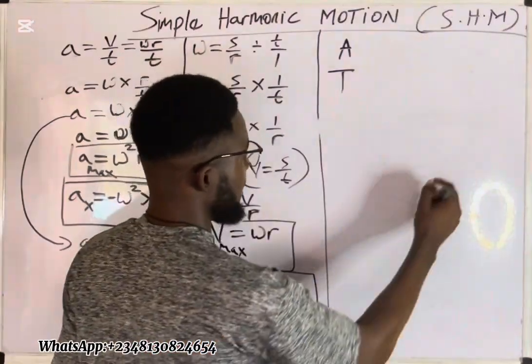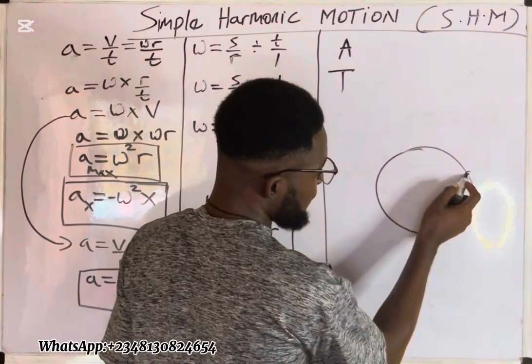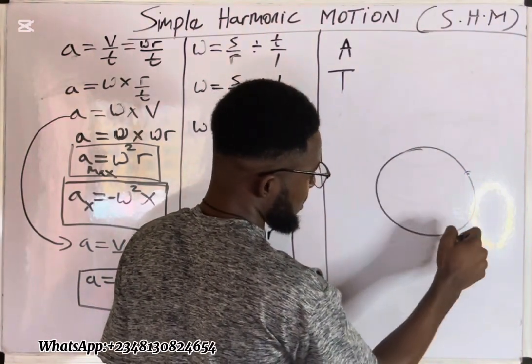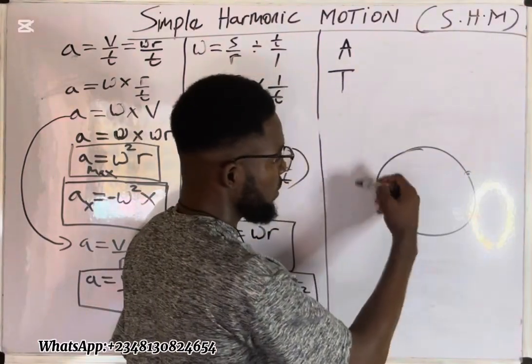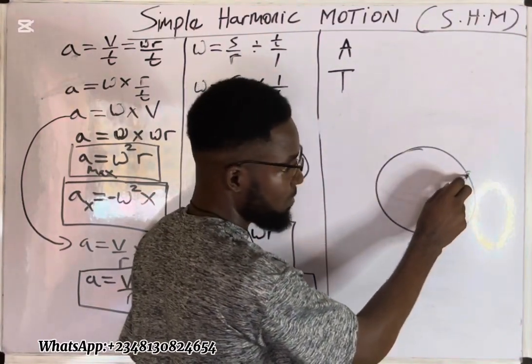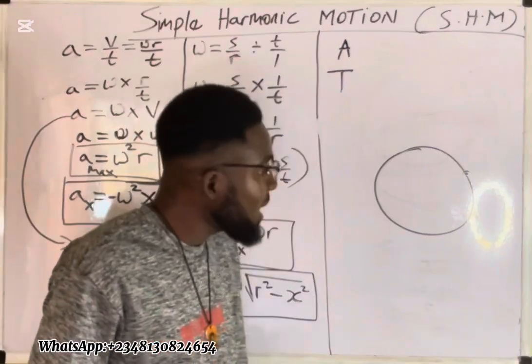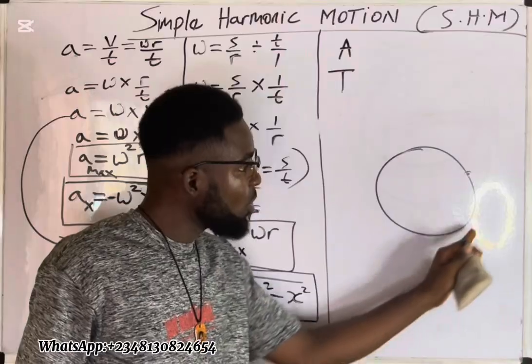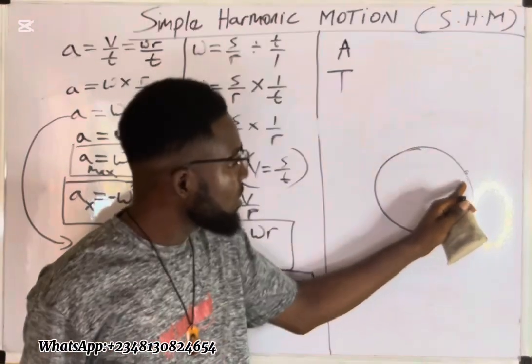For instance, if this is a circular motion, this is the body. The time taken for this body to move around to observe one complete oscillation, go back to the starting point, that is the period. The time taken for this body to observe one complete circle. So this is the period.